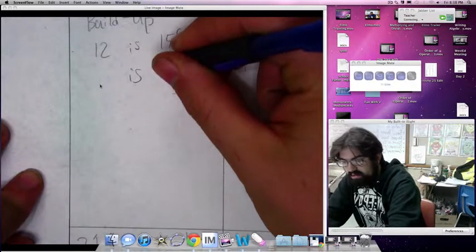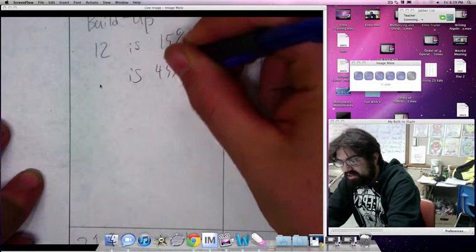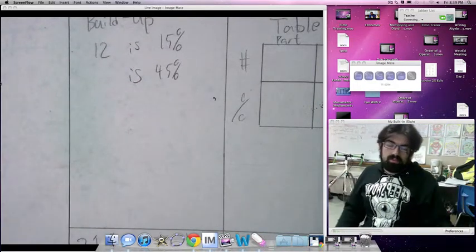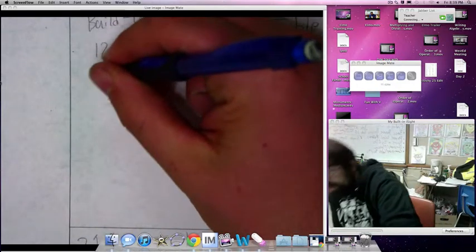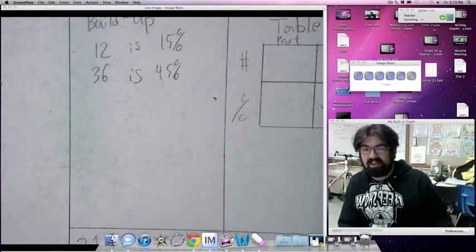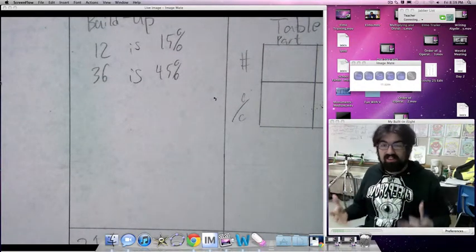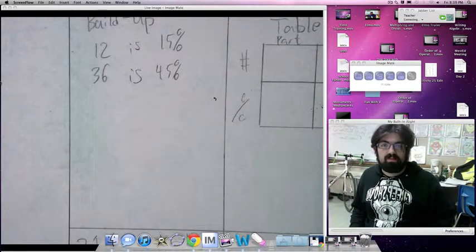Sure, why not? 3 times 15 is 45%. 3 times 12 is 36. Oh look, 36 is 45%. Awesome. And basically the game of this is get to 100% somehow.